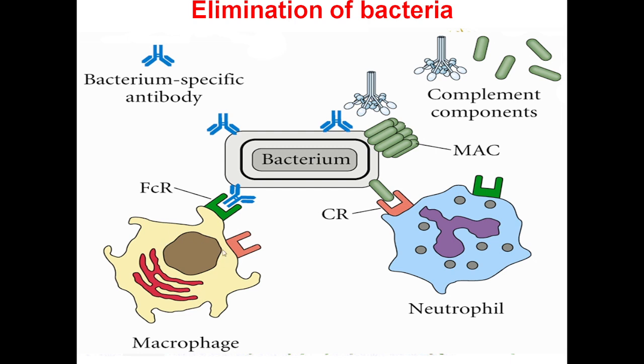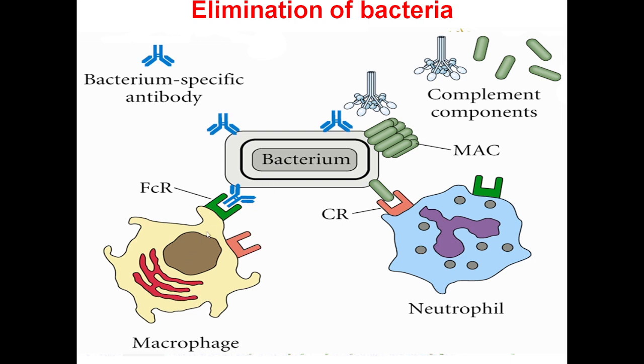And in the left angle of the slide, you see a yellow macrophage. This is an antigen-presenting cell that also recognizes bacteria via contact with the antibodies that bind to the bacteria. Macrophage here has the Fc receptors, green color receptor, for the Fc fragment of the antibody bound to the bacteria.